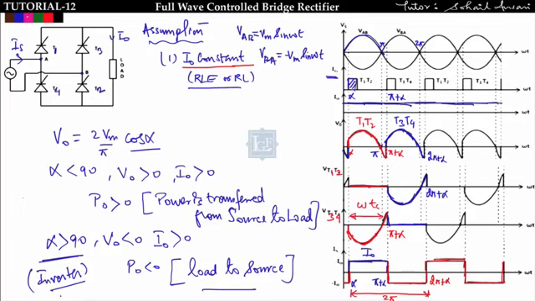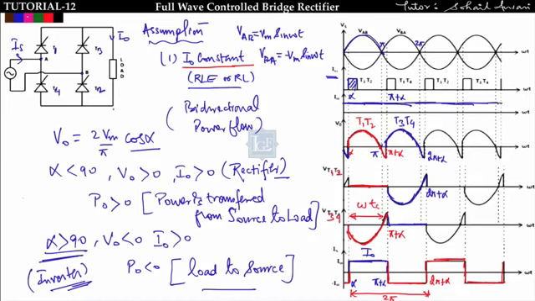For alpha greater than 90, this converter will work as an inverter, and for alpha less than 90, this converter will act like a rectifier. Okay, this is very important. So keep in mind, I can conclude that bidirectional power flow is possible here. Bidirectional means the power flows in both directions, from source to load as well as from load to source.